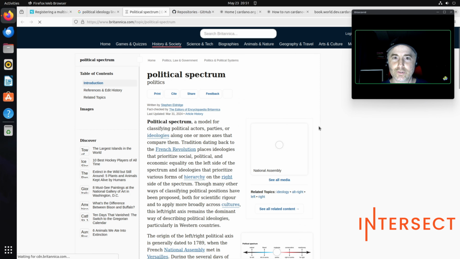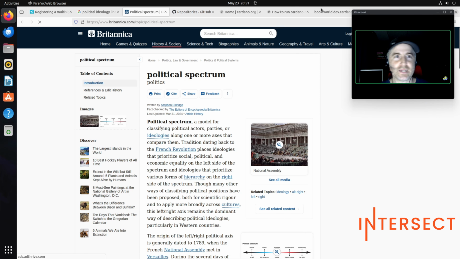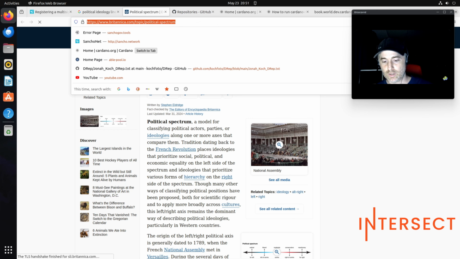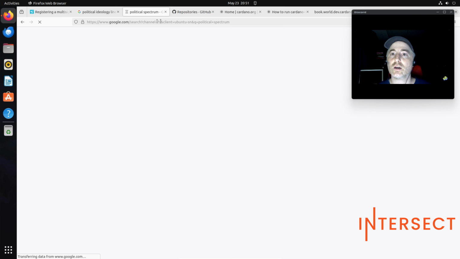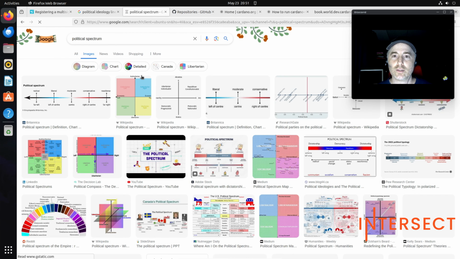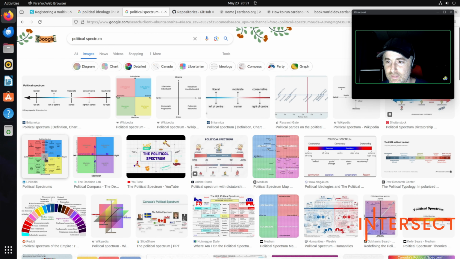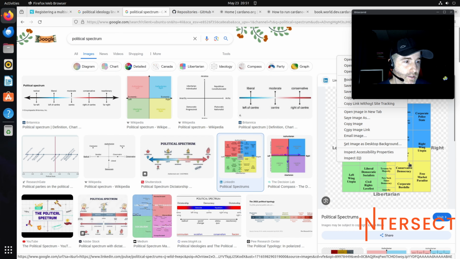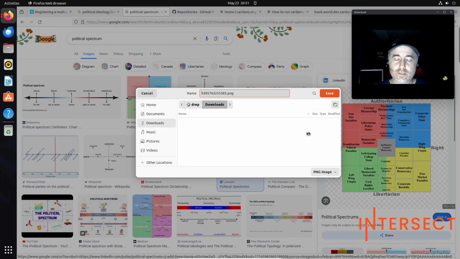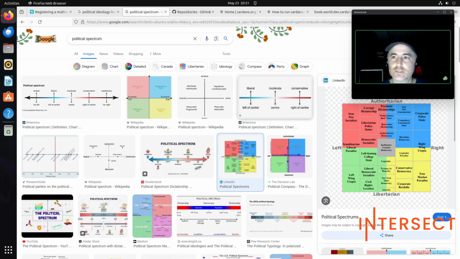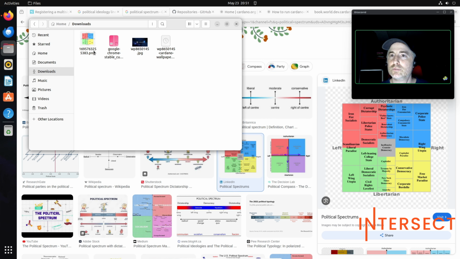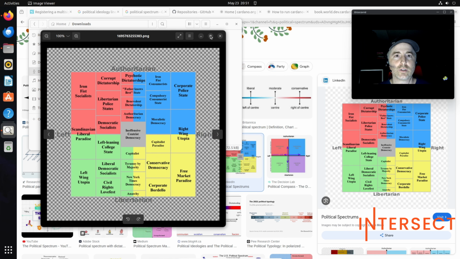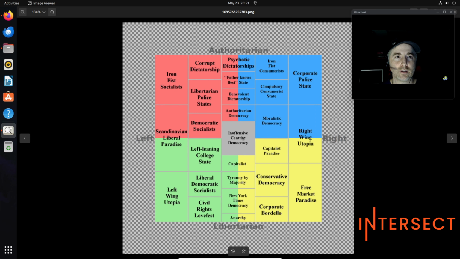Can I have it bigger? Political spectrum. That's what I was looking for. If I can just grab, there it is. I'll just save that and go grab it and make it bigger. Where is it? Download. There you are. There you go.